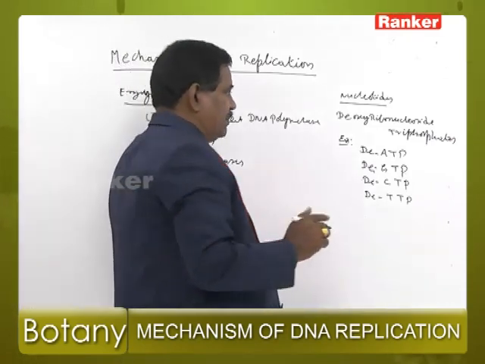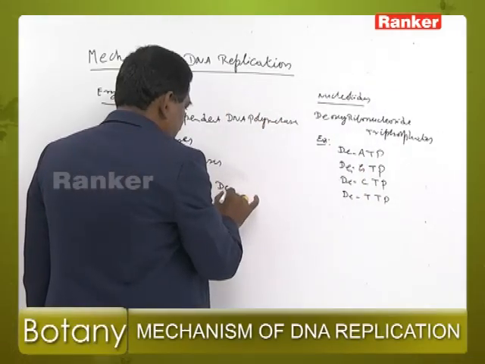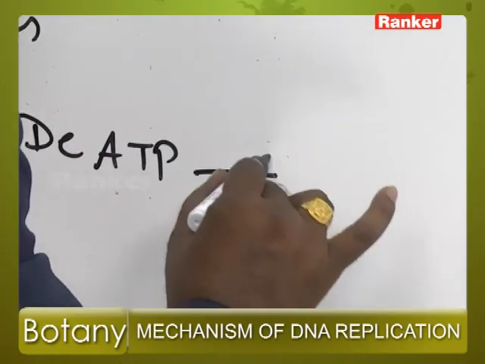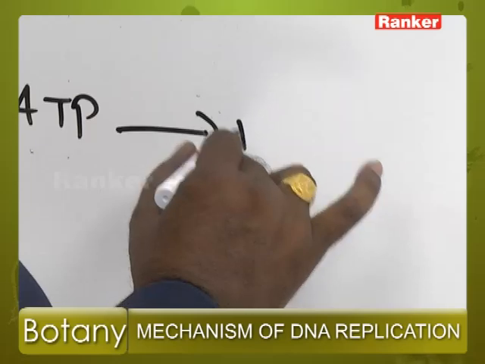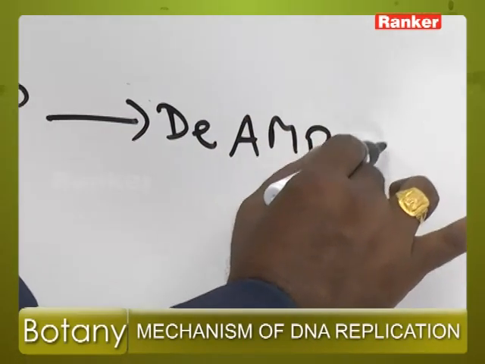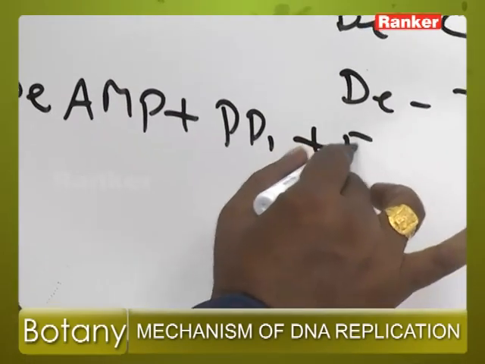For example, here dATP hydrolyzes into deoxyadenosine monophosphate plus PPi plus energy.